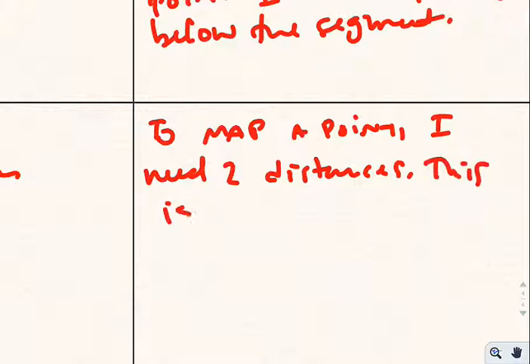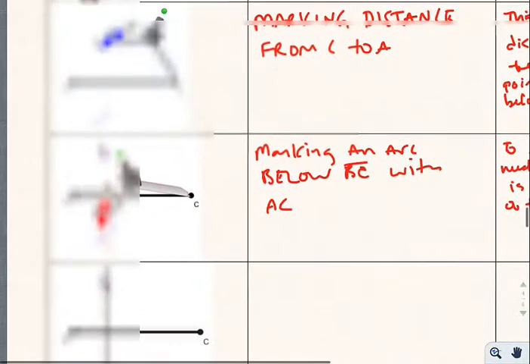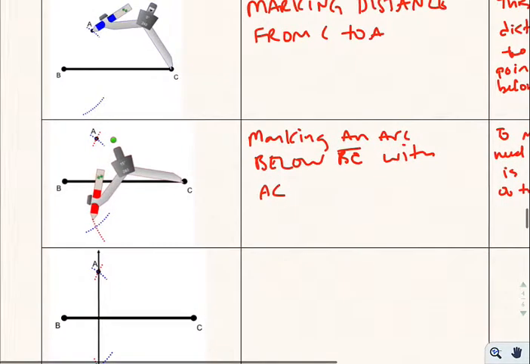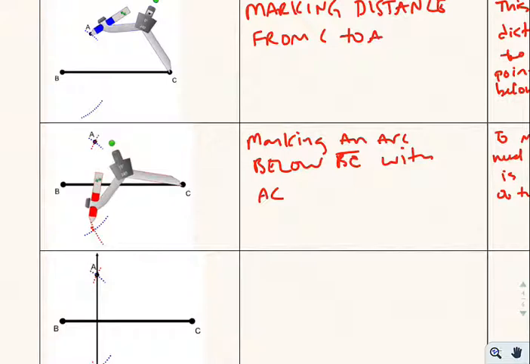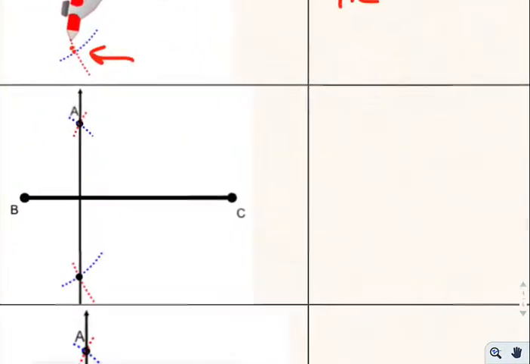This is the location of the second distance. So the red arc now represents the second distance I need, and the point where they intersect is the point I'm looking for, because other than A, this is the only point that has the right distance from B and the right distance from C. In this step, I'm now connecting my points.